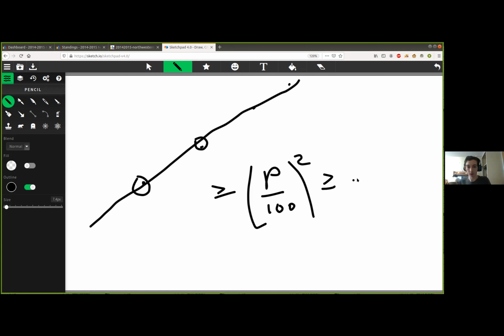This would be greater than or equal to 1/25. So if we pick 2 points at random, we have a pretty good chance that we found it. Wait, did I do this right? Yeah, I think that's correct.